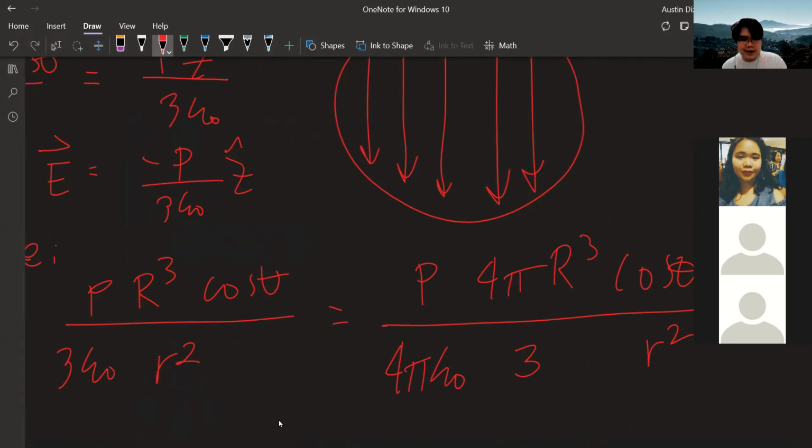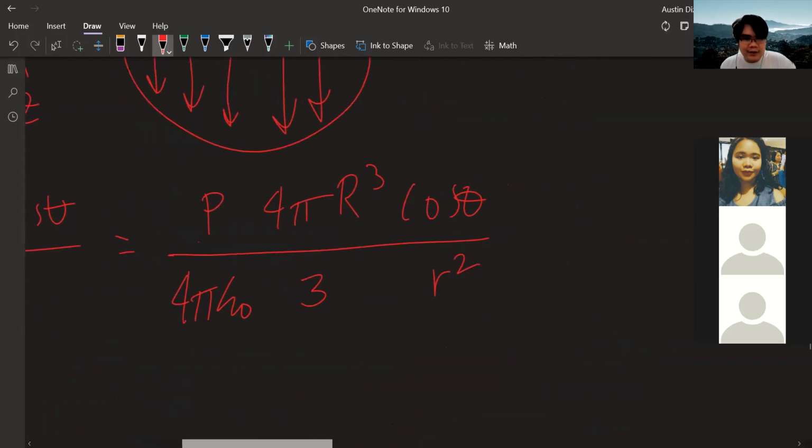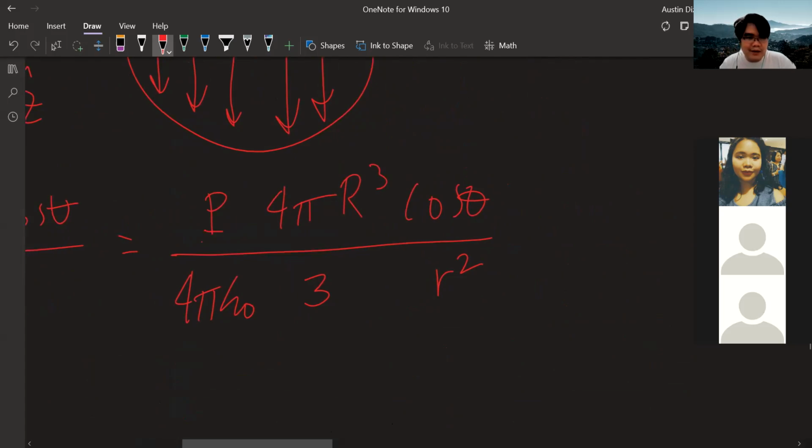Okay, so this 4/3 pi r cube, that's your volume, times P, that's your capital P. Again, pag P is just yung dipole moment over some volume. So, minultiply mo ng volume, makukuha mo yung dipole moment.